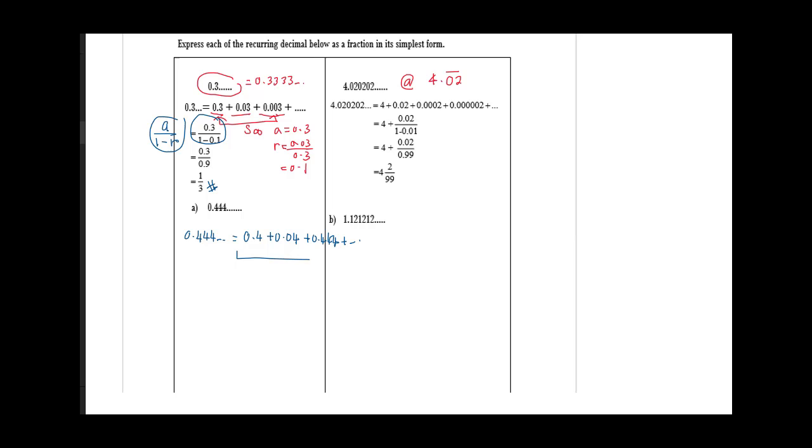It's a geometric sequence where a equals 0.4 and the common ratio is 0.04 divided by 0.4, which is 0.1. Therefore, using the sum to infinity formula, it is 0.4 over 1 minus 0.1, so you get 0.4 over 0.9.